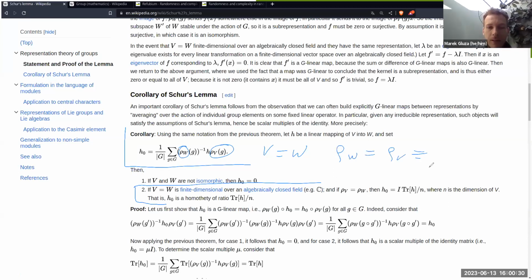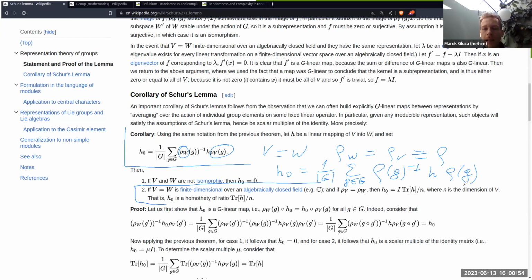So if I rewrite this formula, I will have some element H0 equals 1 divided by |G|, and then I'm summing over G in the group, and then I have rho of element G minus 1, H, rho of G. That's our formula.